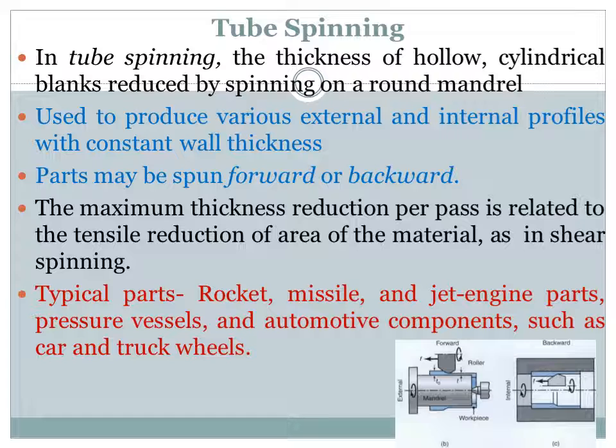And parts may be spun forward or backward. The maximum thickness reduction per pass is related to the tensile reduction of area of the material as in shear spinning. Typical parts produced by these processes are rocket, missile, and jet engine parts, pressure vessels, and automotive components such as car and truck wheels that can be produced by tube spinning processes.